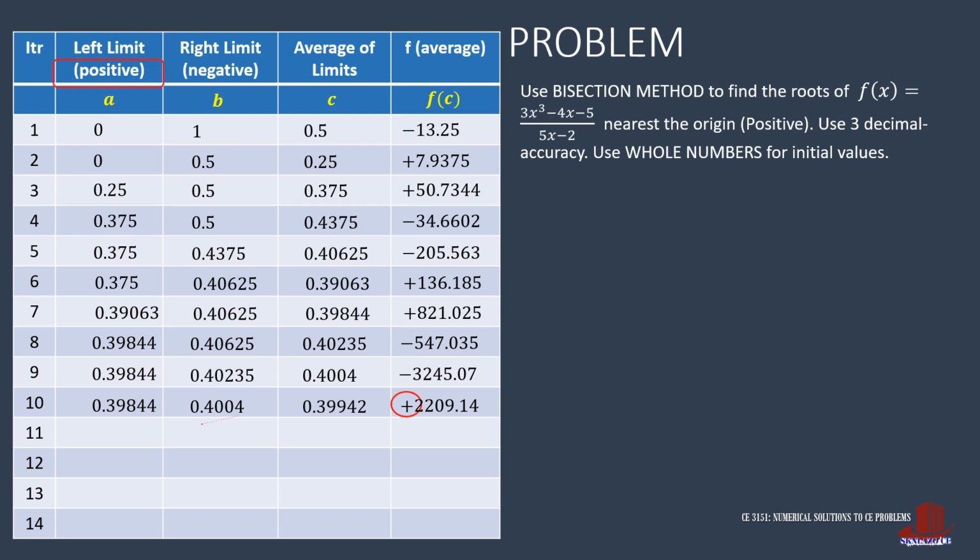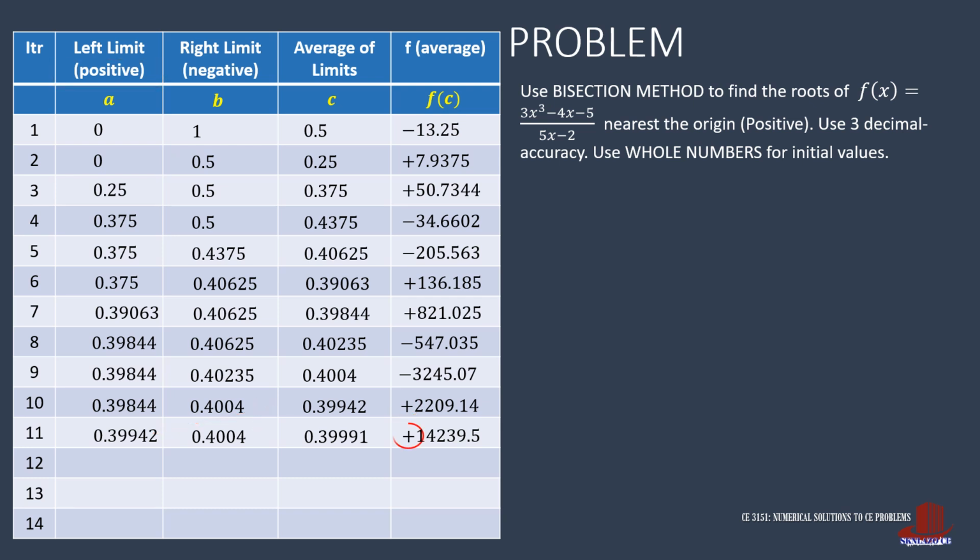So with positive f of c, we replace a by 0.3994 and b stays at 0.4004. Their average is 0.39991, giving f of c as positive 14,239.5.